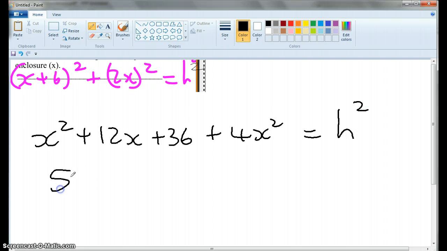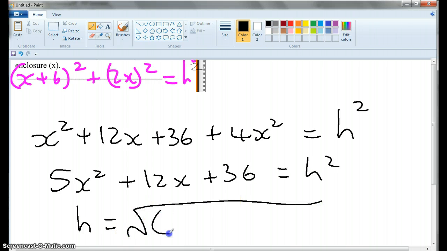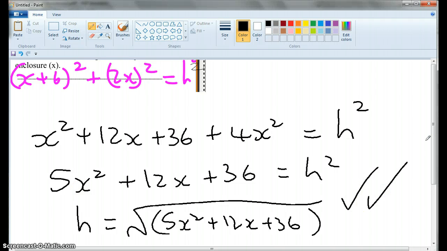So that's going to be 5x squared plus 12x plus 36 equals h squared. So your hypotenuse is going to be the square root of 5x squared plus 12x plus 36. Now, that's the exact same format that the answer gave. So stop there.